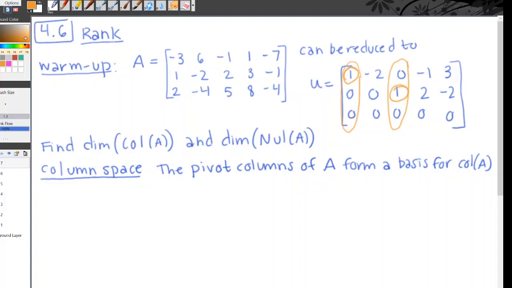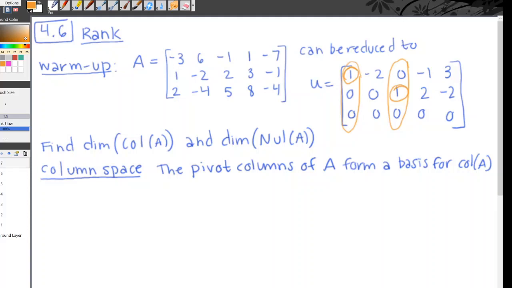And then if you look at the third column, that's where we introduce a new position. And so that introduces new information. And so because the pivot columns are the columns where we're adding in this new entry, everything else is going to be able to be written as a linear combination of those two columns. So hopefully that can convince you that the two columns that I've highlighted are a basis for U.